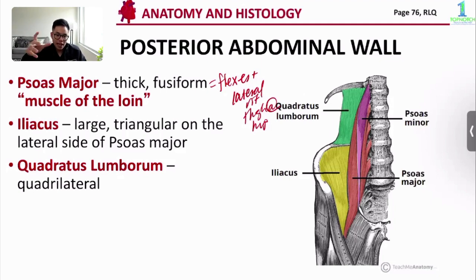Then you also have the iliacus, which on the other hand flexes and externally rotates the femur. And then you have your quadratus lumborum, named because it's quadrilateral in shape. Not such a high yield muscle to remember.